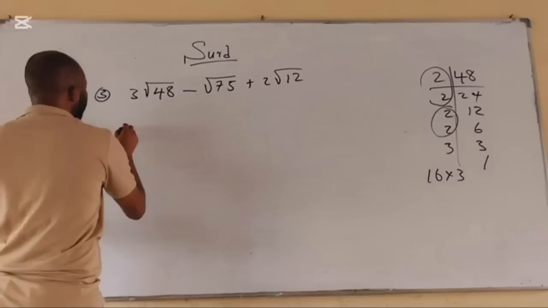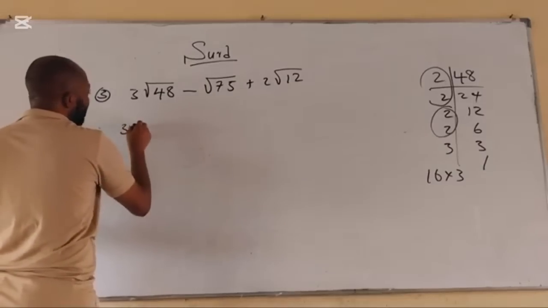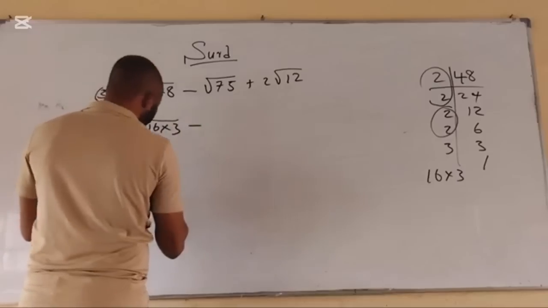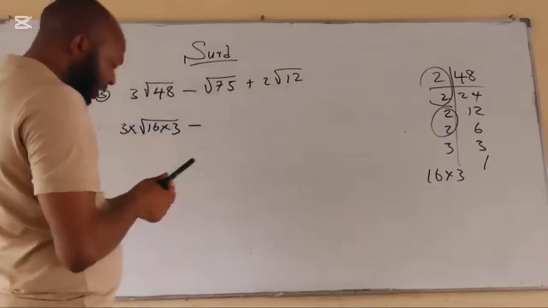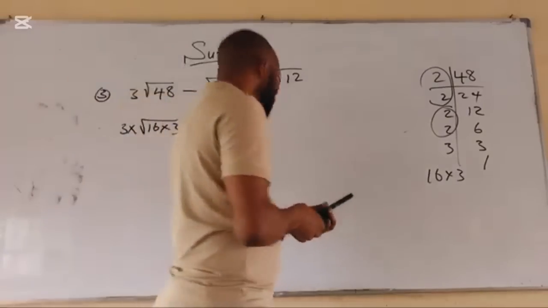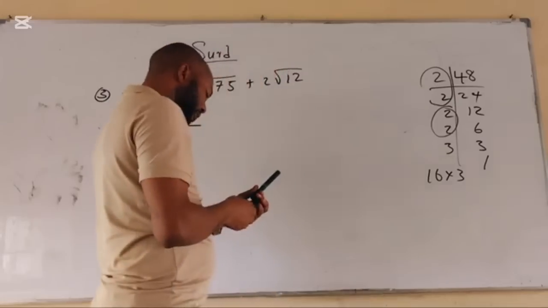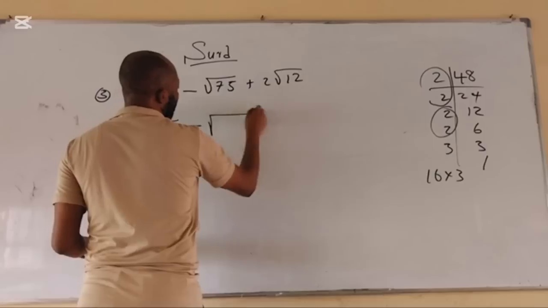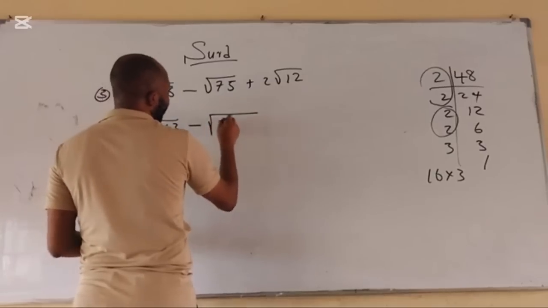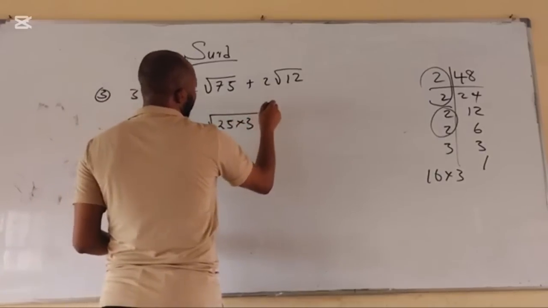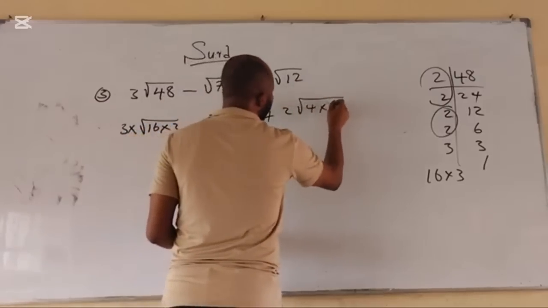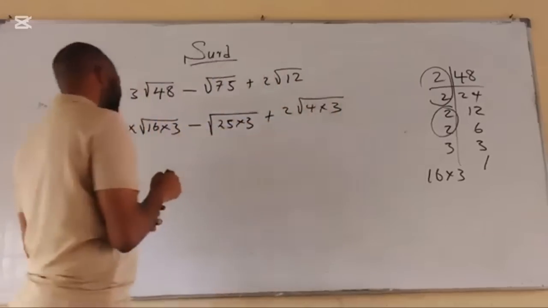So we come here and say 3 times root of 16 times 3, minus 75, which is 25 times 3. I've done this in the previous example. Plus 2 root 12, which is 4 times 3 to give us 12.